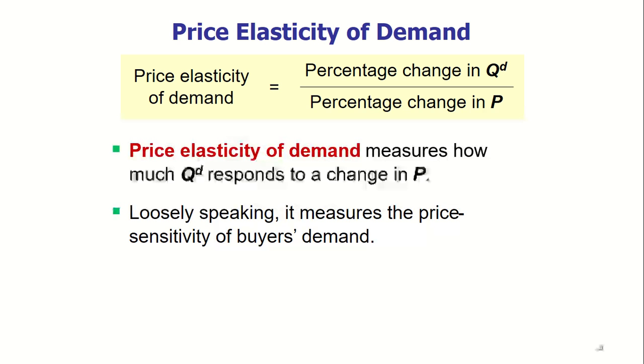Price elasticity of demand measures how much quantity demanded responds to a change in price. How much quantity demanded changes up or down when prices change. Loosely speaking, it measures the price sensitivity of buyers' demand.